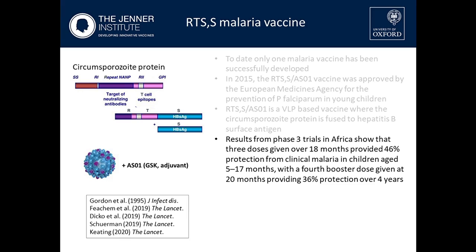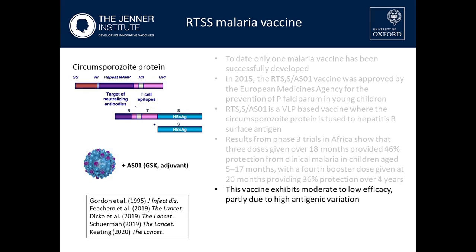Results from the phase 3 trials in Africa show that 3 doses given over 18 months provided 46% protection from clinical malaria in children aged 5 to 17 months, with a 4th booster dose given at 20 months providing 36% protection over 4 years. This vaccine exhibits moderate to low efficacy, partly due to the high antigenic variation.